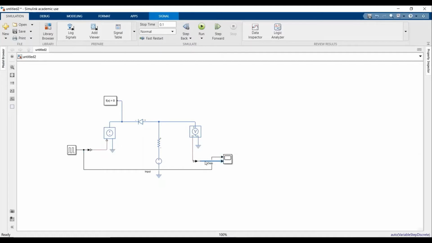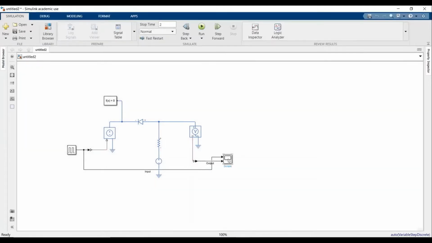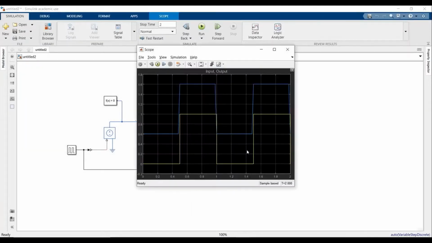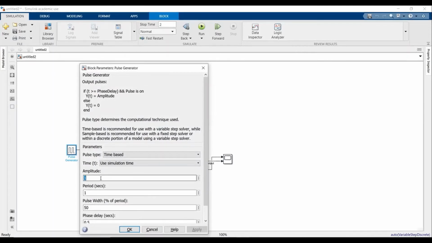This is my output. And then because our period is 1 second, let's run it over 2 seconds. Okay, we want it to be 5 volts instead of 1. So amplitude is 5.